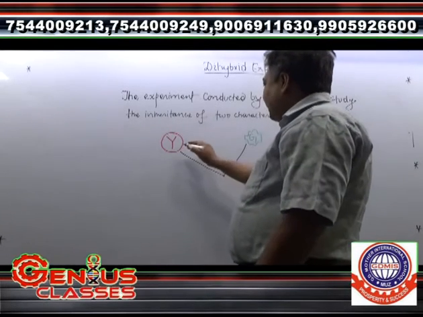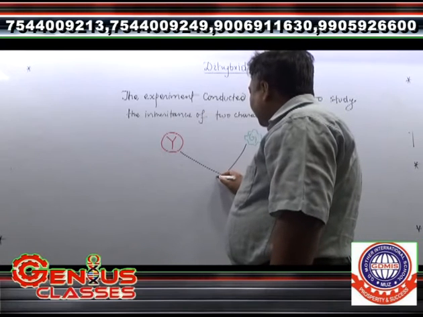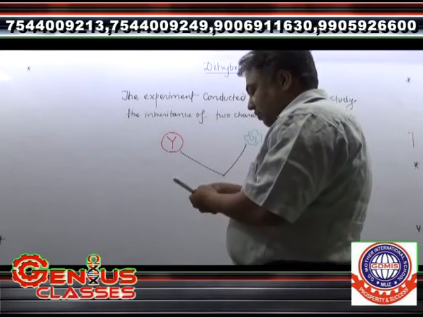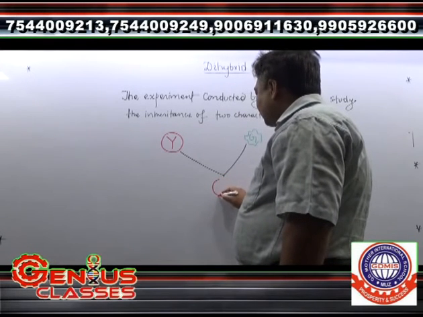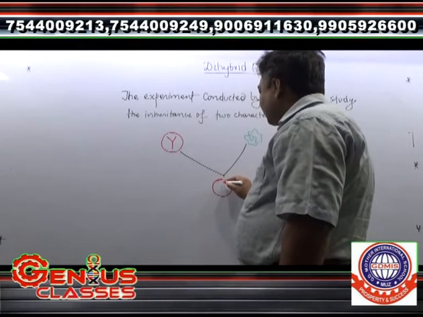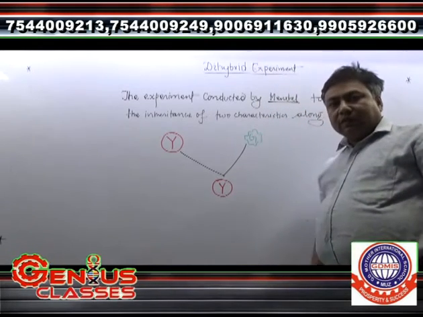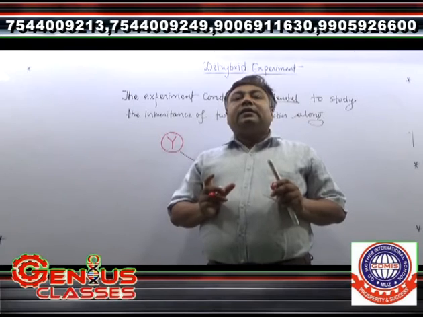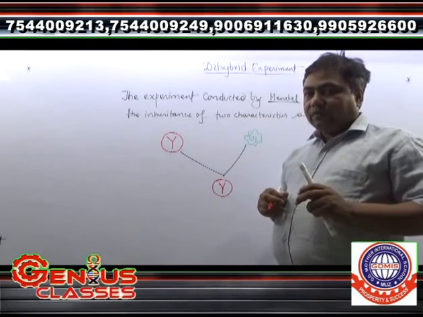Then when he crossed yellow with green one, the entire progeny was round and yellow. That means the shape round and the color yellow is dominant.